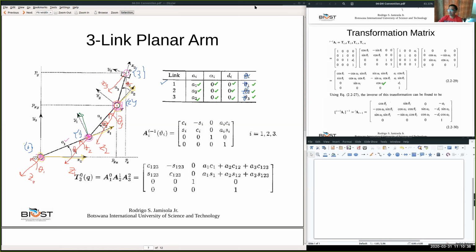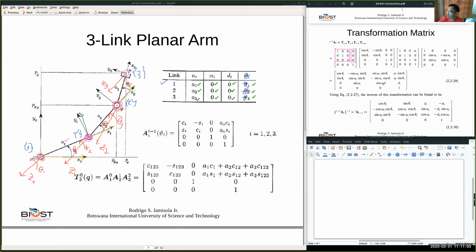Let me annotate again, just to emphasize. This is the rotation matrix, and this is the position vector. Because this is purely translation, the rotation part is just the identity matrix, since there's no rotation, only a translation of d along the Z axis.